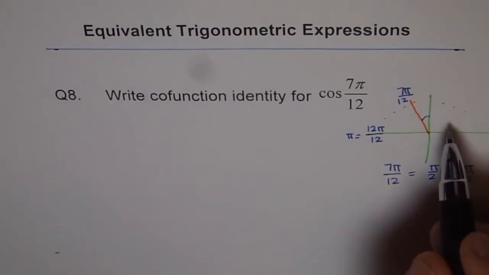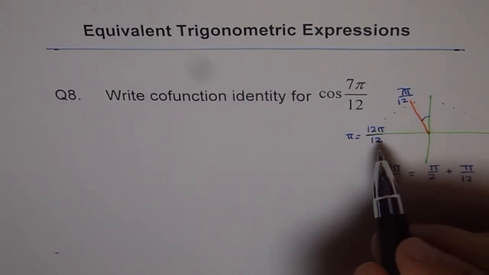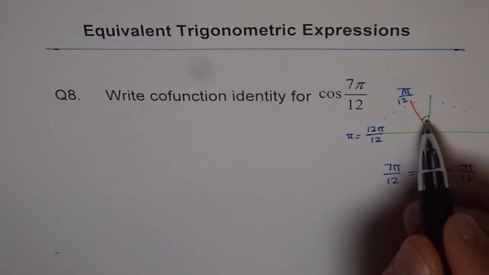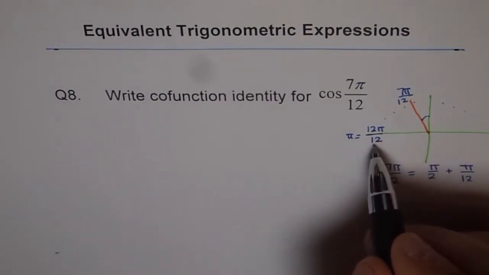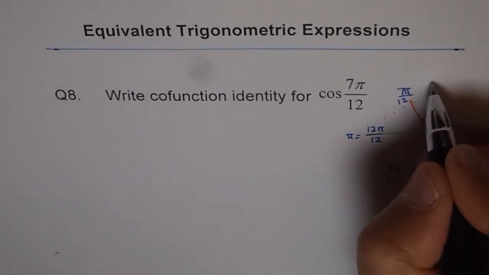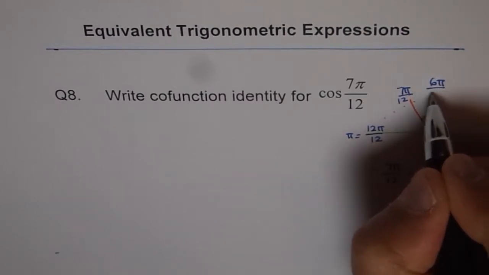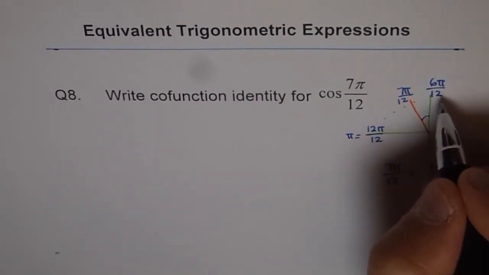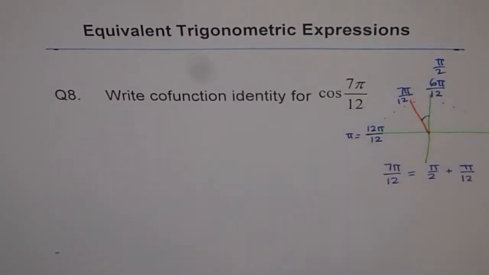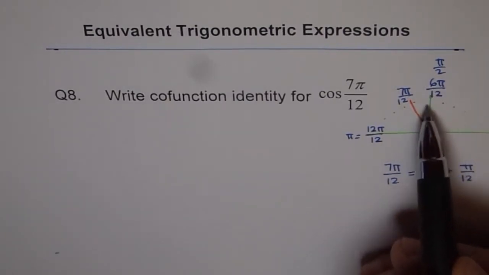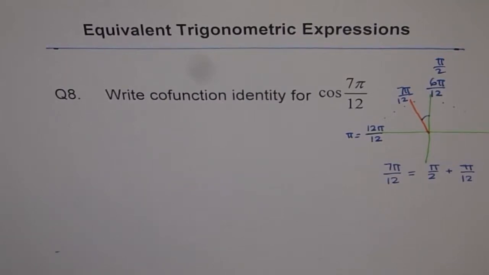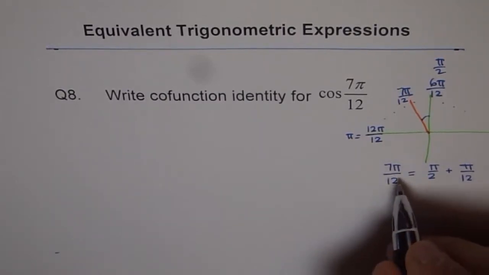To make it very simple, when I divide this into pi by 12 parts, this is 12 pi by 12 and half of that is 6 pi by 12. 6 pi by 12 is as good as pi by 2. And 1 more than 6 pi by 12 is 7 pi by 12. So let me start again.